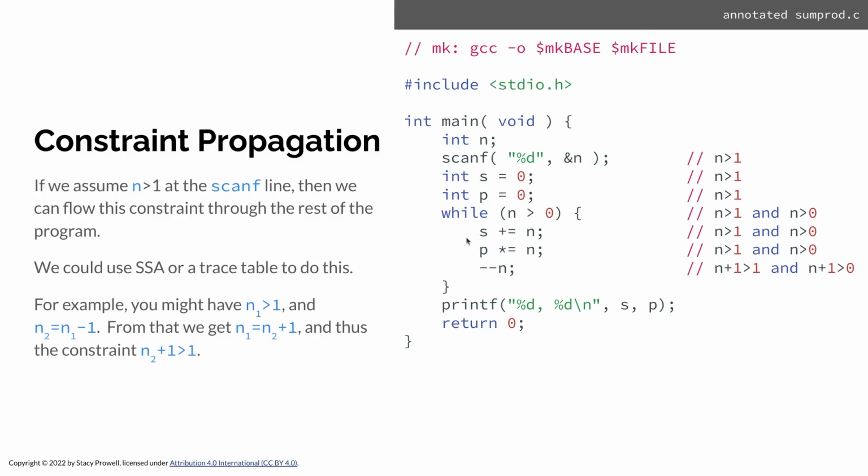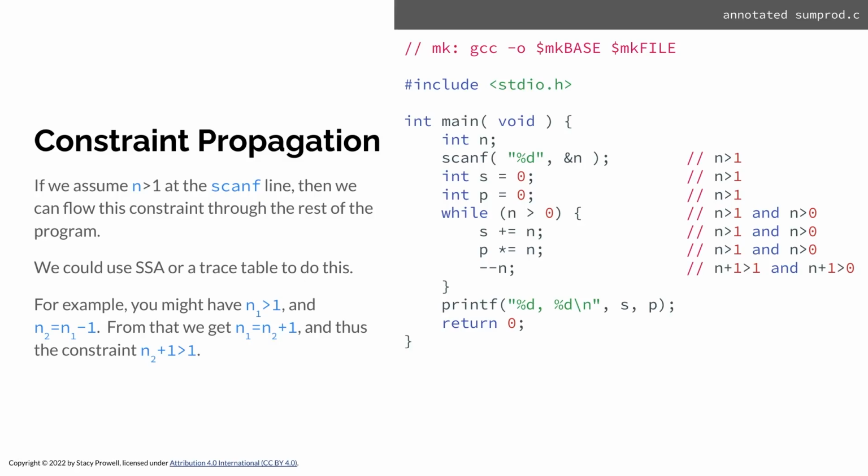Now we say s plus equals n, doesn't change n. P times equals n, doesn't change n. And then we decrement n and something funky happens. I subtract 1 from it. So if n was greater than 1, I would now be subtracting. How would that affect the value of n?